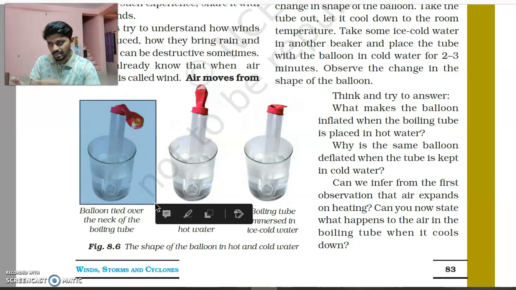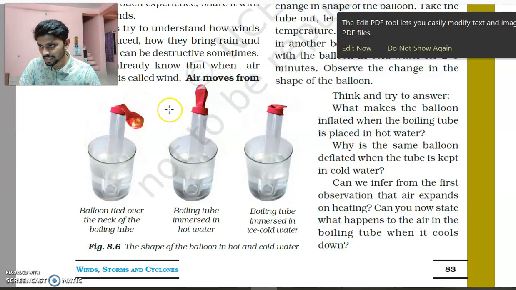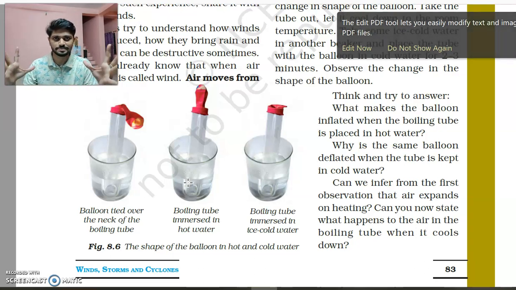Now if you take out this tube and put it inside boiling water, what will happen? As you will see in the second picture, since the water is very hot, the air inside the tube also gets expanded.